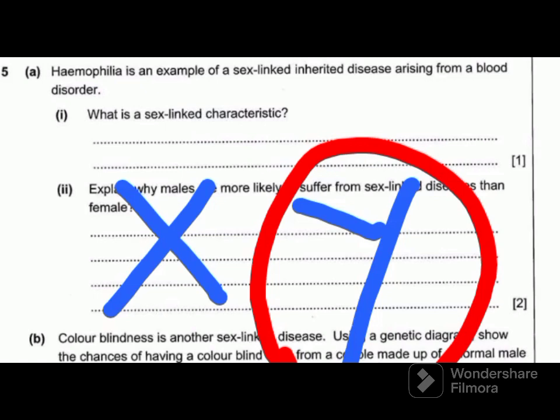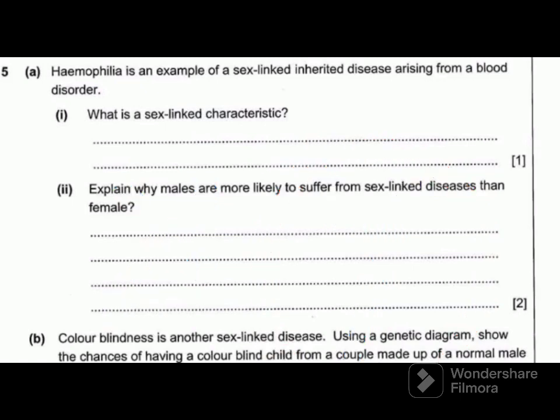Males who have only a single copy of the X chromosome are more likely to be affected by these sex-linked characteristics as compared to females who have two copies of the X chromosomes. Females have the XX chromosomes in their gametes. Okay, let us proceed to answering question B.